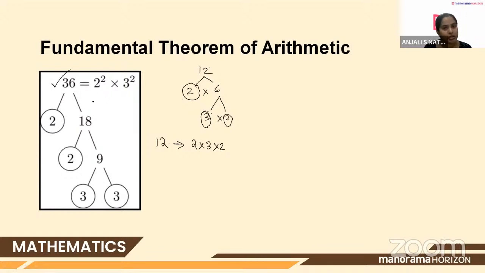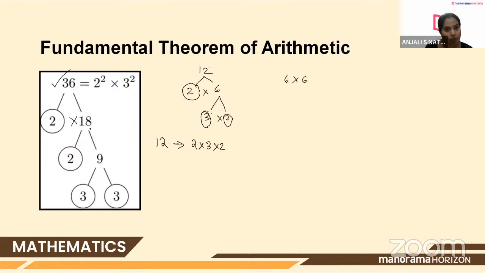So we can represent 36 in different ways. We can write it as 6 into 6, or 18 into 2. In different ways we can represent 36. But in prime factorization, look here. If we represent it as 18 into 2, then 2 is a prime number, so we don't want to further classify it.